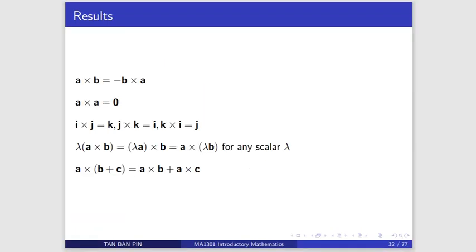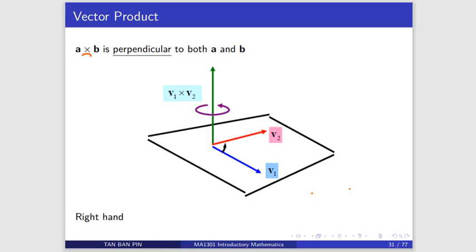And you'll find that if you consider B cross A and A cross B, they differ by a minus. Because if you interchange your index finger and the middle finger, so if you consider V1 cross V2 is pointing up, then if you consider V2 cross V1, your index finger must point to V2, your middle finger points to V1.